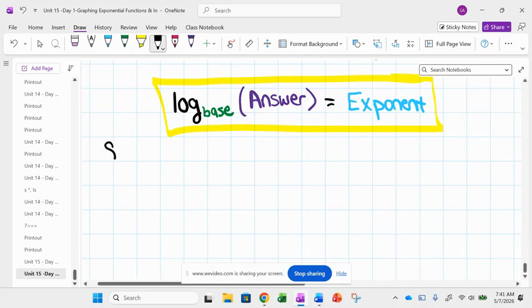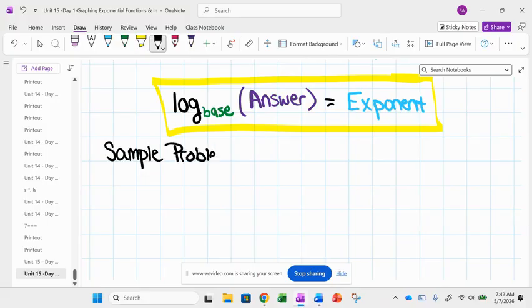Okay, let's do some sample problems. So let's say I have log base 3 of 81. That's how you would read that, log base 3 of 81.